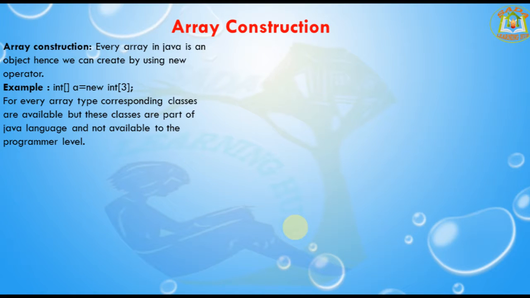Next, if we want to specify the dimensions before the variable, that rule is applicable only for the first variable. Second variable onwards, we can't apply the same declaration.